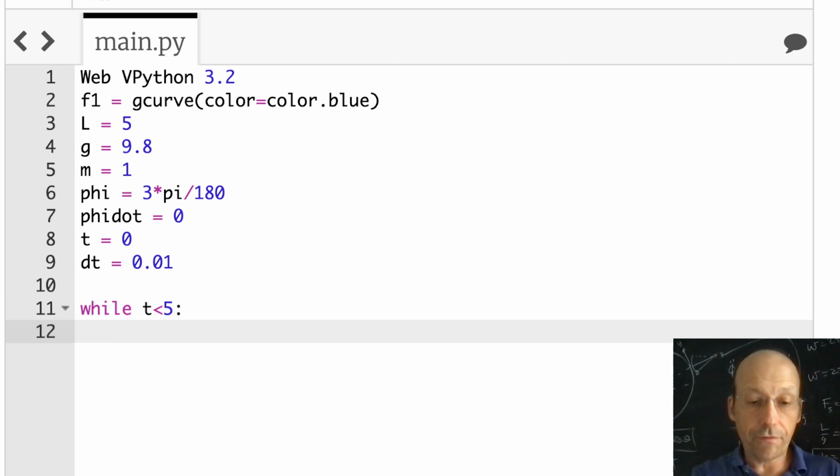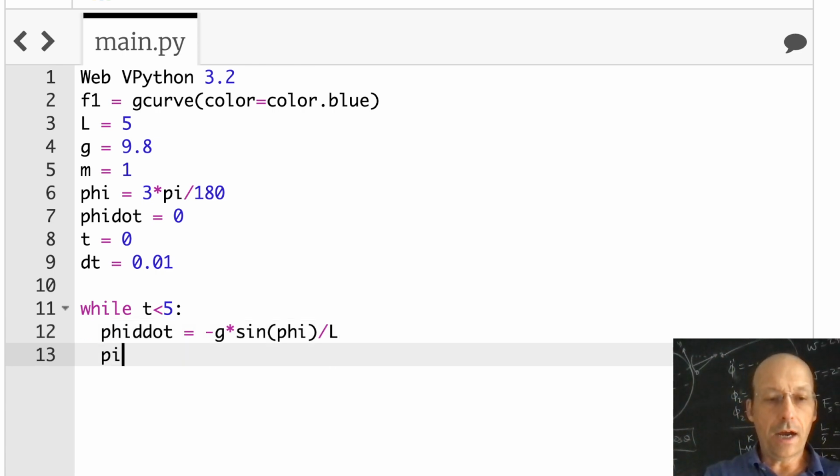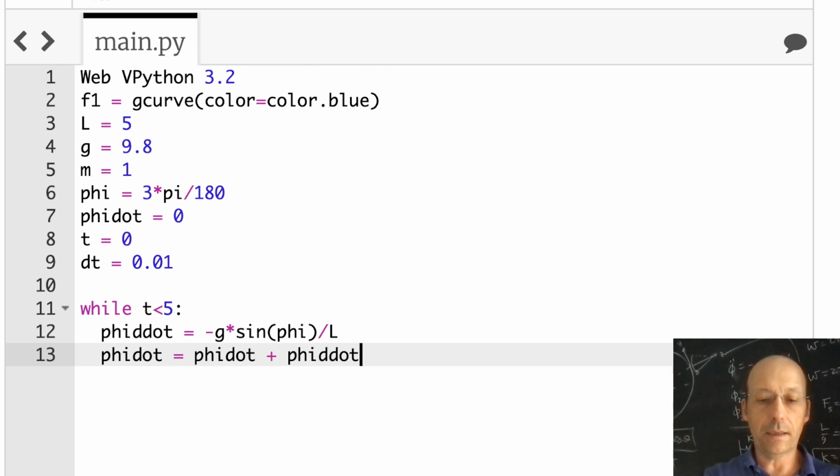So now I'm going to calculate phi double dot. So phi_dd equals negative g times sine of phi divided by L. That's that on there, right? Phi dot equals phi dot plus phi double dot times dt.